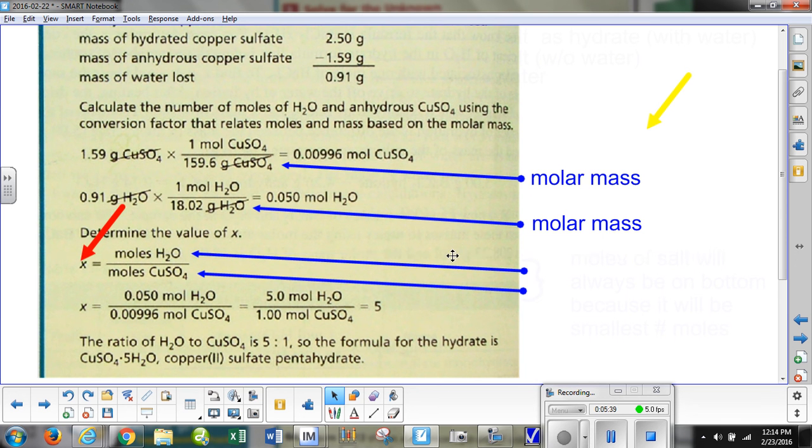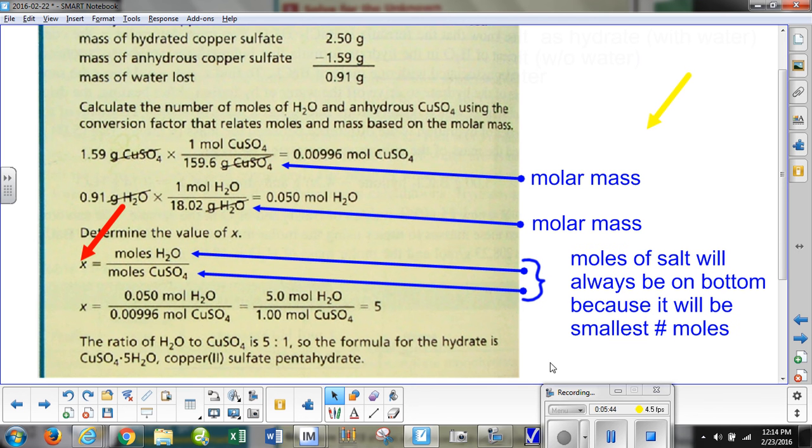And the moles of H2O and the moles of copper sulfate as a ratio is what they're calling X. And these two together, moles of the salt will always be on the bottom because it will be the smallest number of moles. And essentially what we're doing is we're saying for every mole of copper sulfate, how many moles of water do we have? And that's what that's all about.